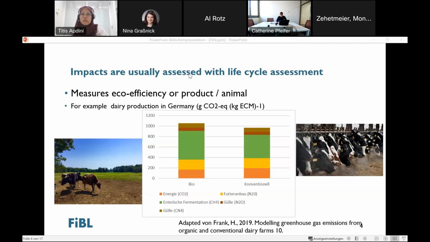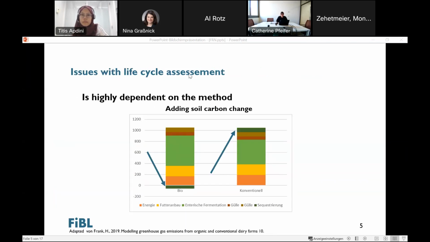What I find very interesting also is that these studies highly depend on the methods you use, because I played around. This is not the original study. This is a study that I adapted. And what you see is that it's highly dependent on the method, because if you add soil carbon, then organic suddenly outperforms the conventional agriculture.